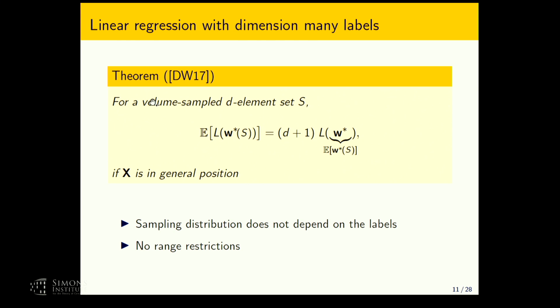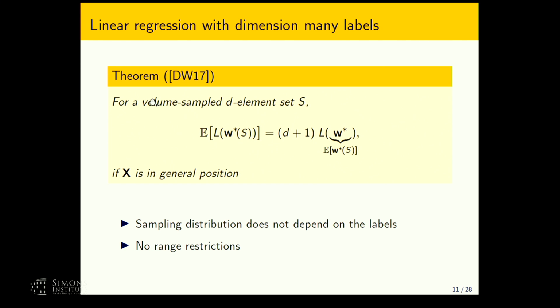This is an exact formula whenever X is in general position, meaning essentially all the subsets of points are non-degenerate. This is a minor assumption, and if it doesn't hold, then instead of exact equality you get an upper bound, which is still good. And on top of it, the expectation of the estimator itself is again equal to the optimum estimator.